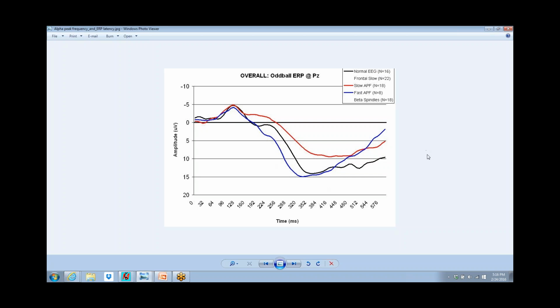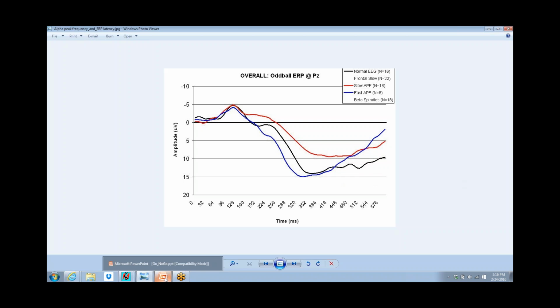And actually, one of the students is going to be collecting data where they correlate alpha frequency and ERP latency as a dissertation. Perfectly good topic. Nobody's really published about it. So this is data that supports it, but again, this has not gone through peer review and publication. This is just observation.